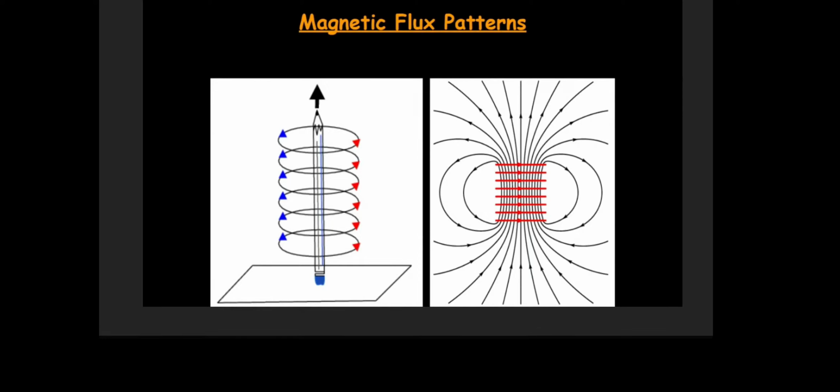The right hand grip rule tells us how the magnetic field will be around these specific conductors. On the left diagram, the conductor is just a straight wire. The current is going up, so we grip the conductor with our thumb pointing in the direction of the current, and hence our four fingers will curl in the direction shown in the diagram.